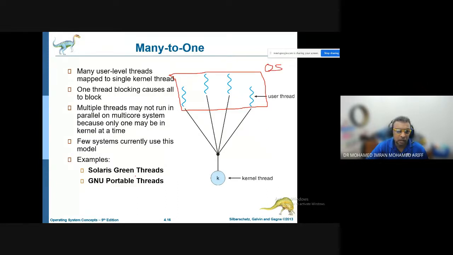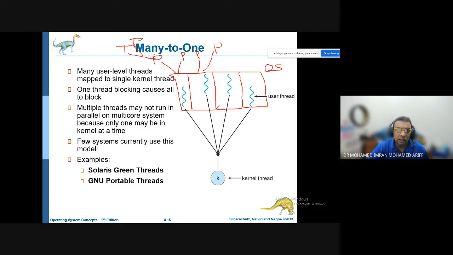This is an example. But since the kernel makes threads, this one is for one, this one is for one, this one is for one. And then this OS thread can do process. Can do process. Can do process. In these processes we can have threads.